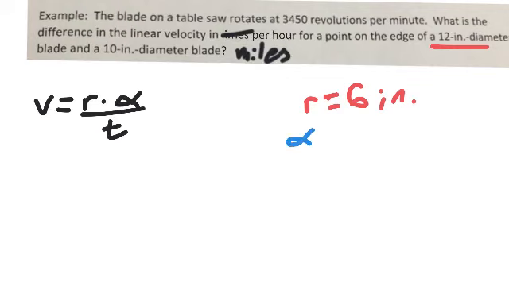Okay, then let's look at the alpha. If it did 3,450 revolutions in a minute, like we did before, we would take 3,450 and multiply that by 2 pi. So 3,450 times 2 pi is 6,900 pi.